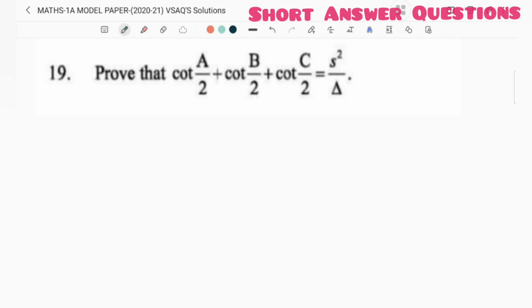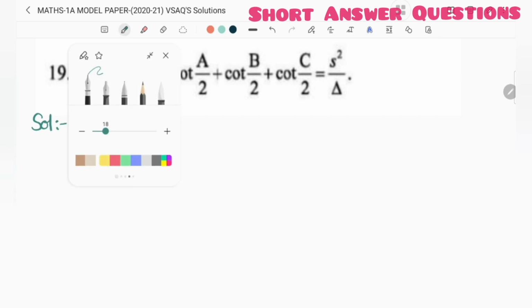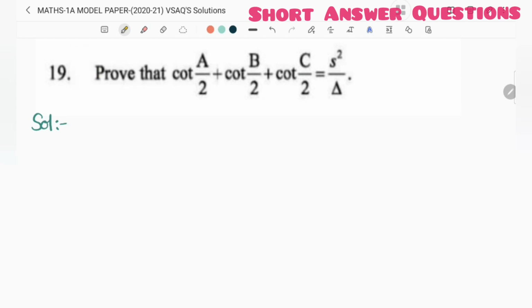The next question: prove that cot A by 2 plus cot B by 2 plus cot C by 2 equals S square by delta. In the solution, first, dear students, we need to learn the formulas. We have cot A by 2 equals S into S minus A by delta.